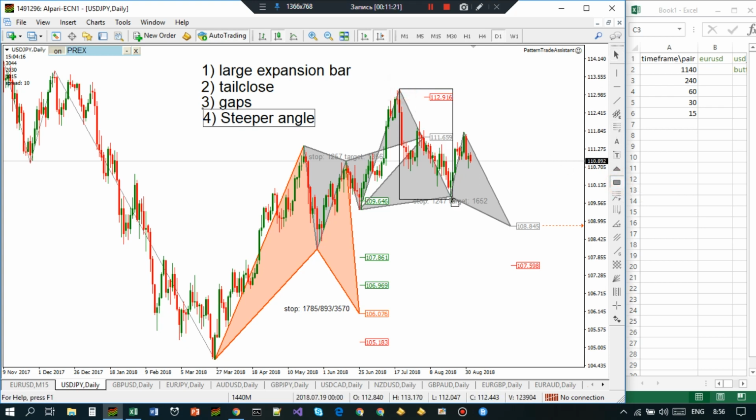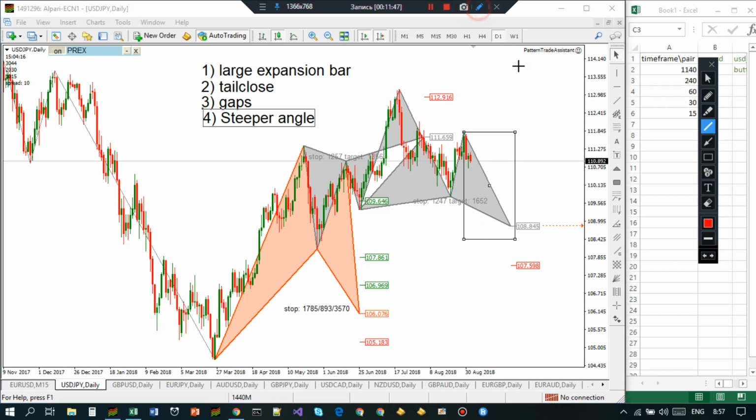So you just measure the time of the AB leg like this and project this time starting from C, and it should complete somewhere here, closer or later than this, but somewhere here. But if you have 2 or 3 bars completing that, then it is called a steeper angle.